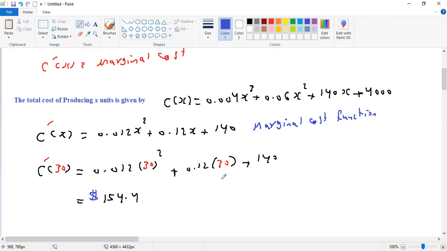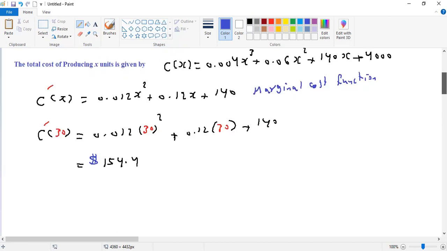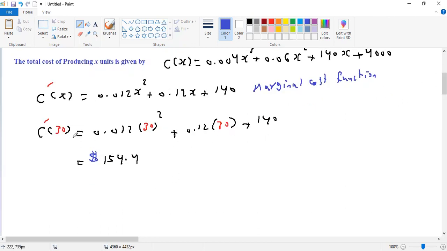So now, what does this mean? At a production level of 30, the cost is increasing at the rate of $154.4 per unit.